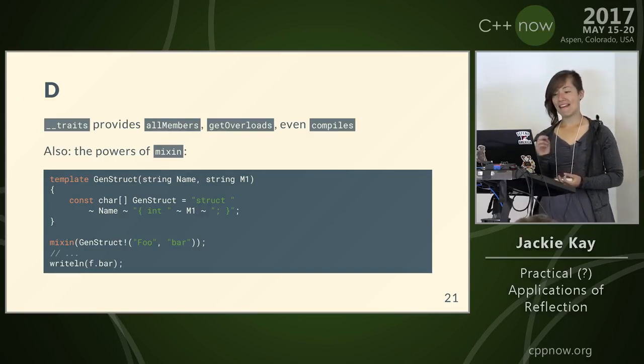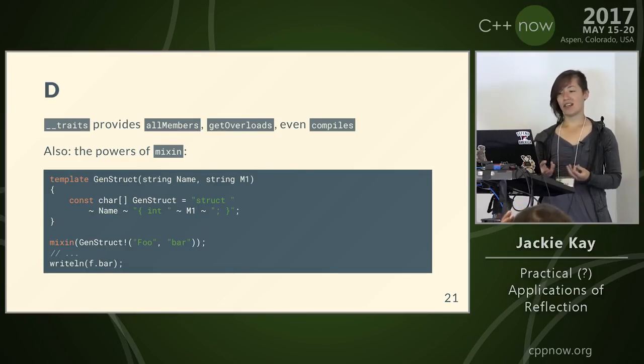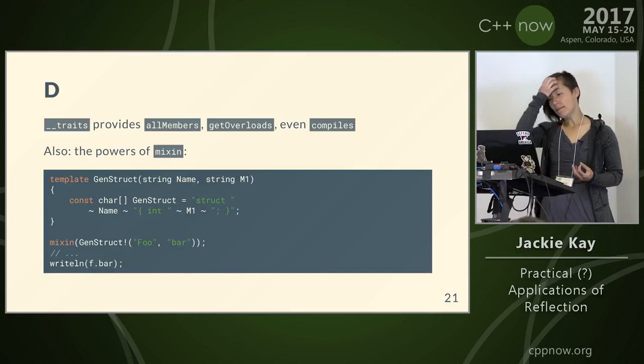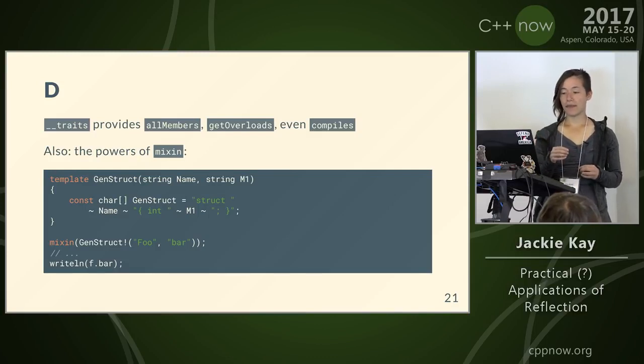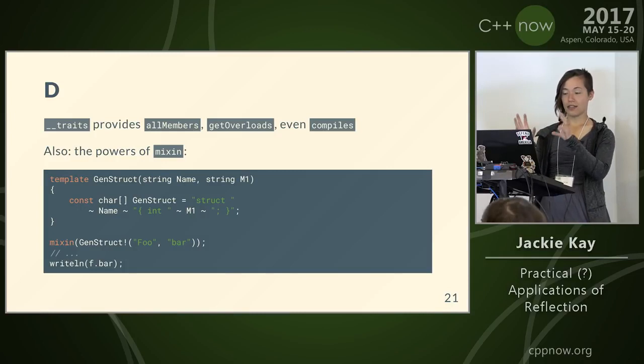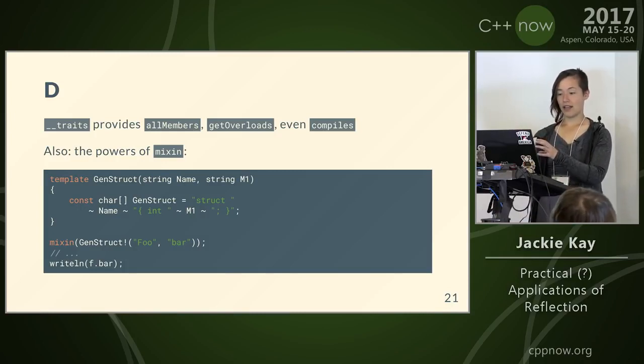And they have this thing called mixin, which is I think technically what you'd call a hygienic macro. You can define a const char array, and I believe in D that's going to be what we think of as constexpr by default. You can write a struct, and then when you call mixin of that result, then that is essentially compiled at compile time.